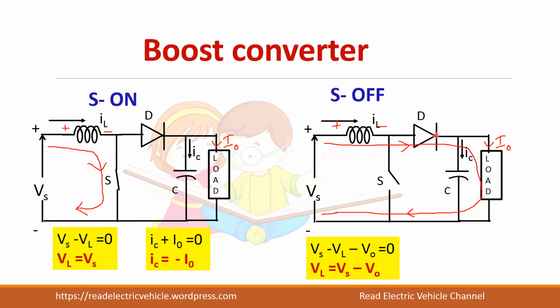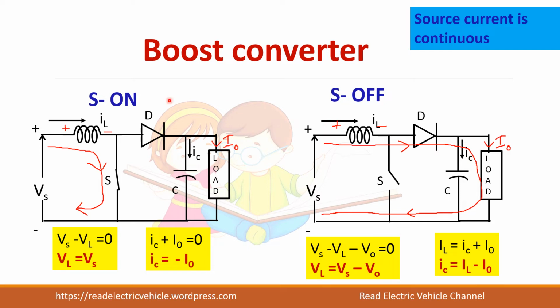So what is the diode current? That is nothing but the inductor current IL, because the same current is flowing here since the switch is open here. So inductor current is equal to diode current, and that is split into two, IC plus I0, and the capacitor will be in charging mode. IL is equal to IC plus I0, so you will get what is IC.